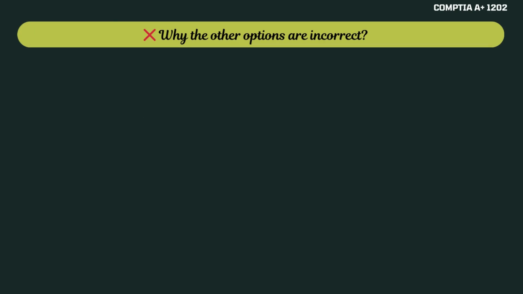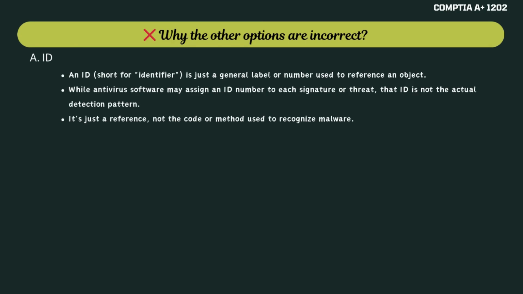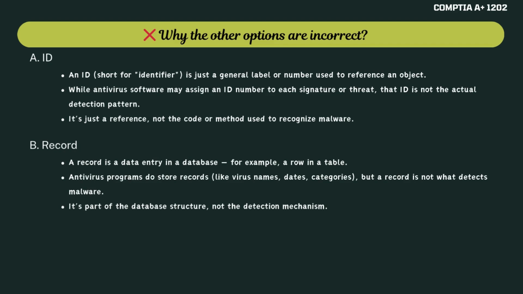Why the other options are incorrect? A. ID. An ID, short for identifier, is just a general label or number used to reference an object. While antivirus software may assign an ID number to each signature or threat, that ID is not the actual detection pattern. It's just a reference, not the code or method used to recognize malware. B. Record. A record is a data entry in a database, for example, a row in a table.